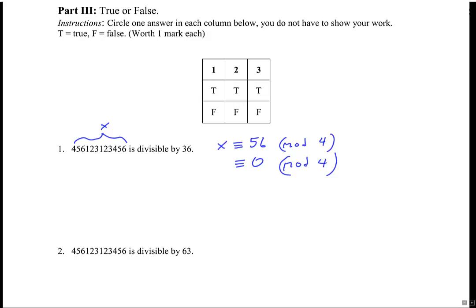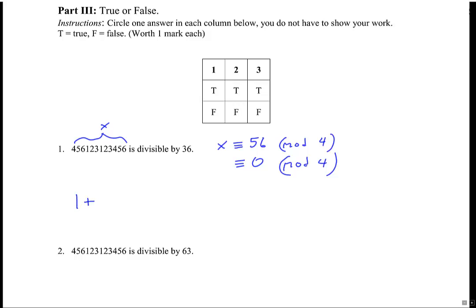So let's notice the pattern here of 5, 6, 1, 2, 3, 1, 2, 3, 4, 5, 6. It seems like some of those numbers are repeated and they're jumbled up in a different order, but that's not a problem. We can order them however we like because we're just adding up the digits.